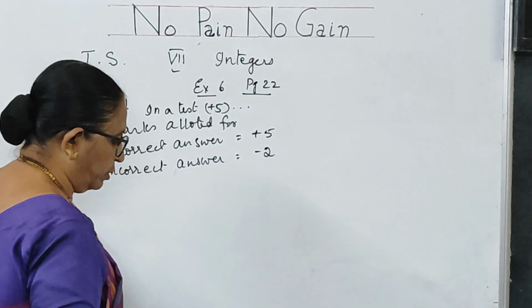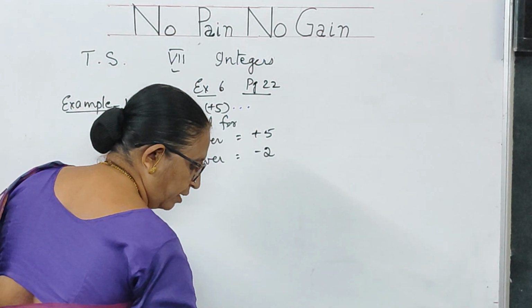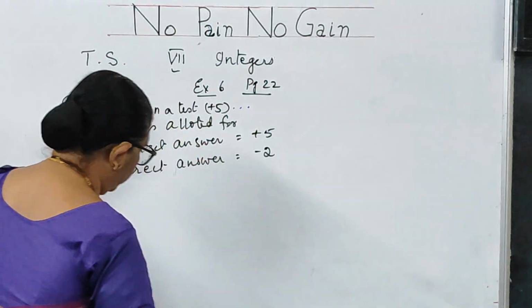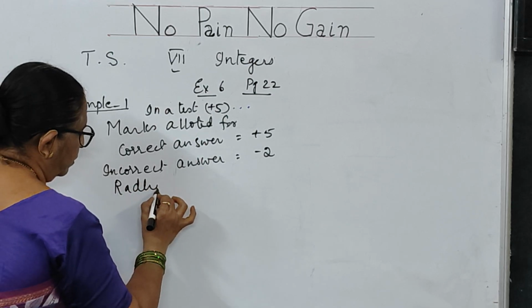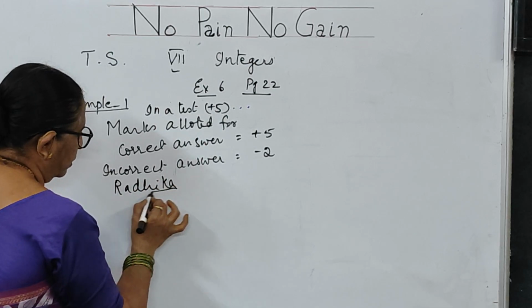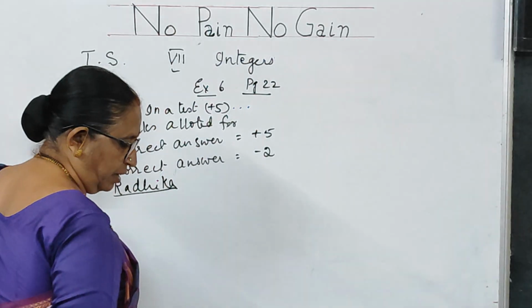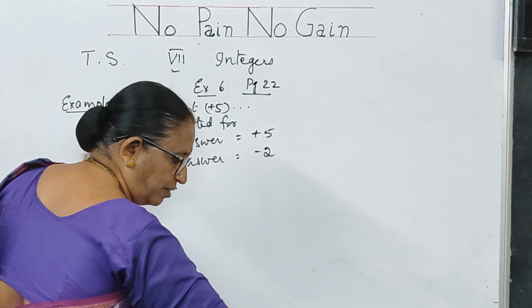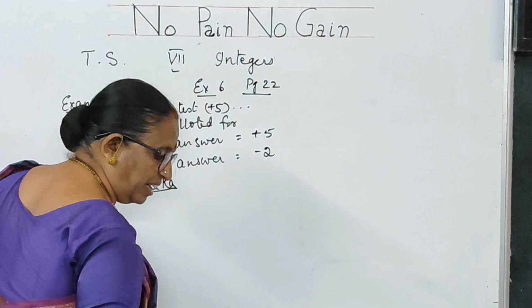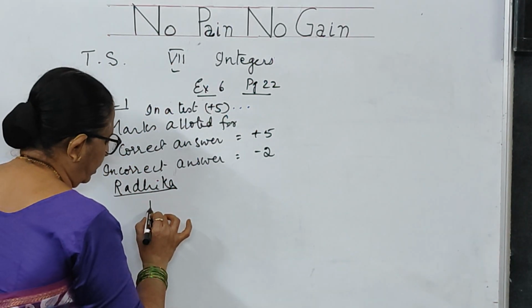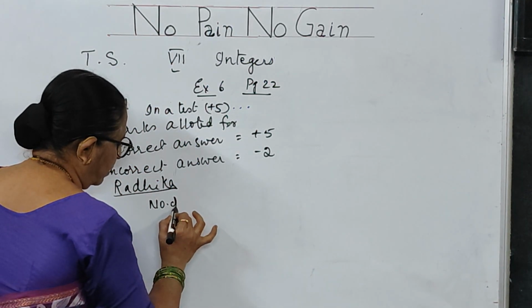So now we are going to talk about Radhika. What does she do? Let us see. About Radhika we are talking. What is that? Radhika answered all the questions and scored 30 marks through 10 correct answers. So how many number of correct answers she has done?